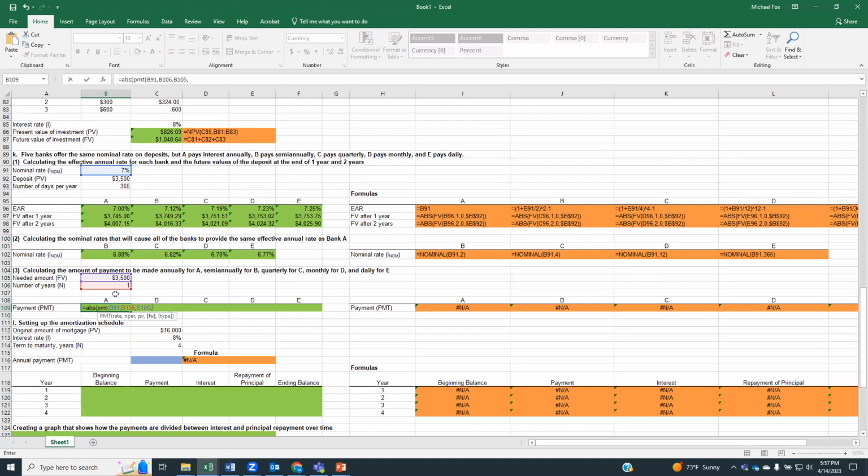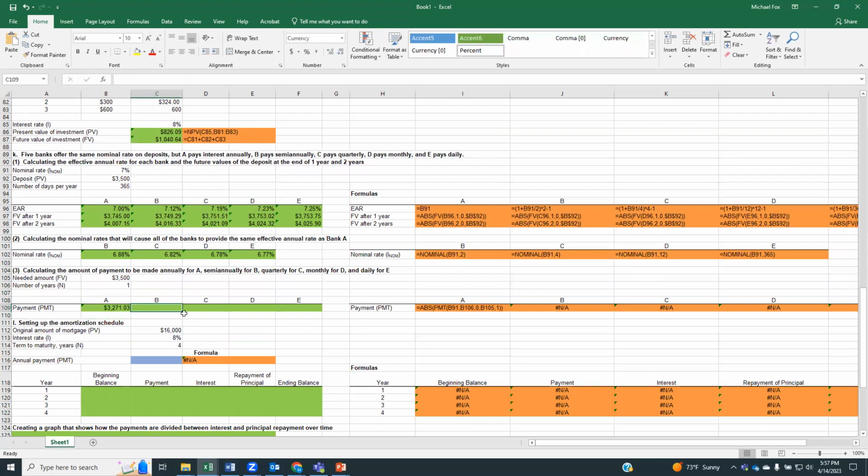Sorry, we're going to put a 0 for present value. Then the future value is 3,500. This is the amount of the payment we're making, so it's going to be calculated from the beginning of the period. You got to know that banks like to calculate money they owe you from the end of the period and money you owe them from the end of the period. Sounds like a bank, doesn't it?